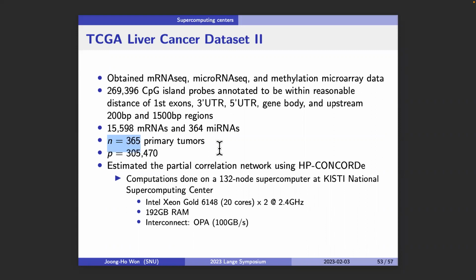Me and my colleagues estimated the partial correlation networks using the new HP-Concord, and the computations were done on the Korea supercomputer at the Korea National Supercomputing Center with 132 nodes, which is much more powerful than the Amazon virtual cluster that we used for the previous section.